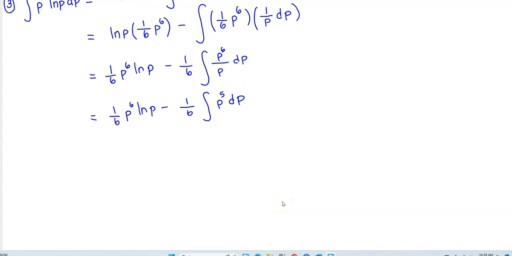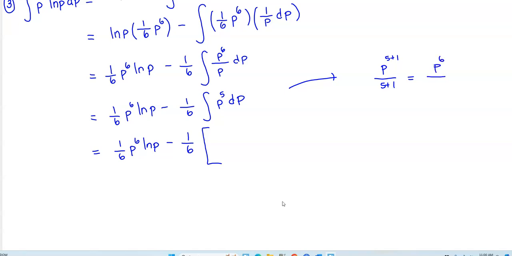And so now we want to take the antiderivative of p to the fifth. So we're going to rewrite that, and this is 1/6 times the antiderivative of p to the fifth, which is p to the 5 plus 1 over 5 plus 1, which is equal to p to the sixth over 6, which is 1/6 p to the sixth.